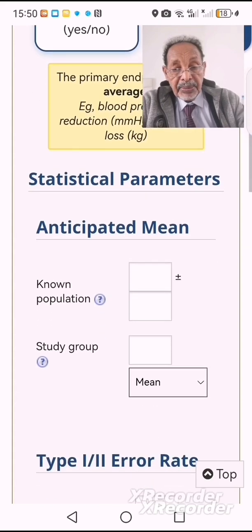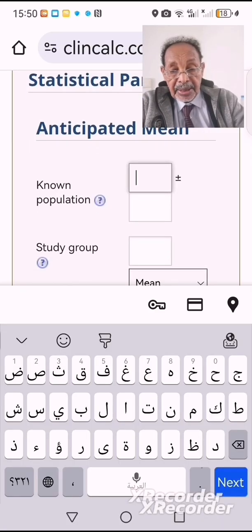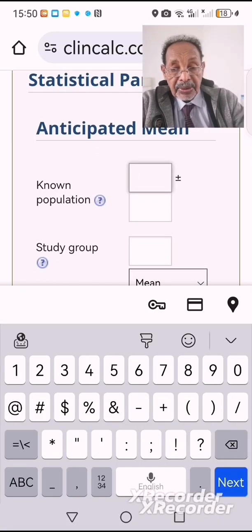And the population mean from the literature, or from an expert person, or from any previous study, pilot study or so, we know it could be something like, let us say, 65 plus minus standard deviation 5.